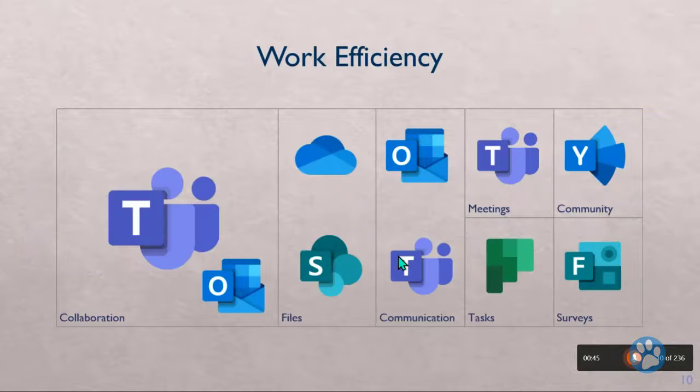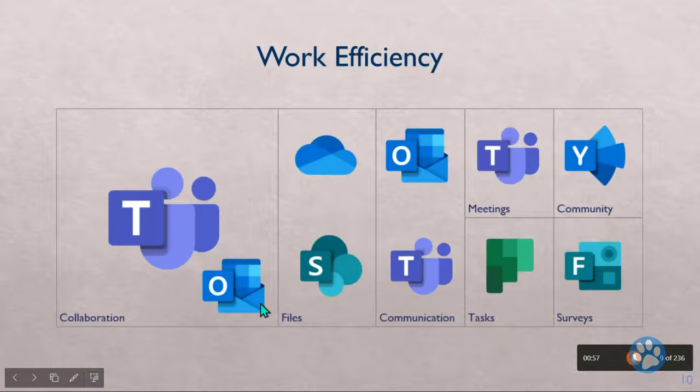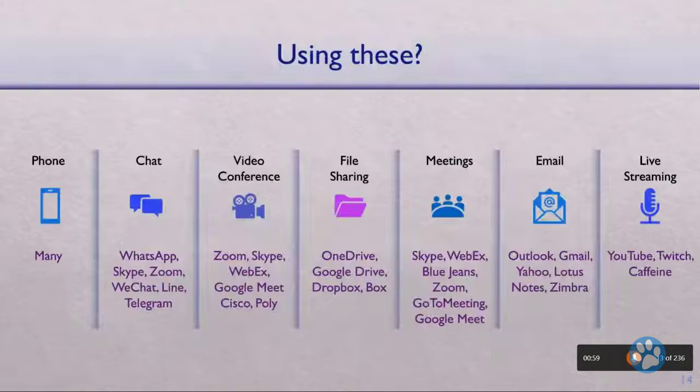So let me try this one. So ROI of this session, 20-minute time saving, eye strain, collaboration. Generally it works with bullets, but let's try. So I go on and on like this. There's a phone, chat, video conference, file sharing, meetings, email, live streaming.